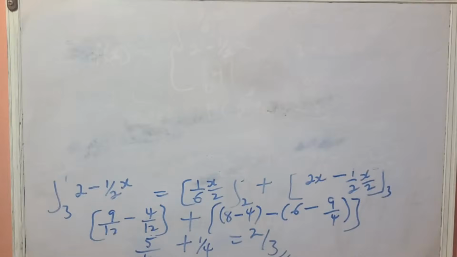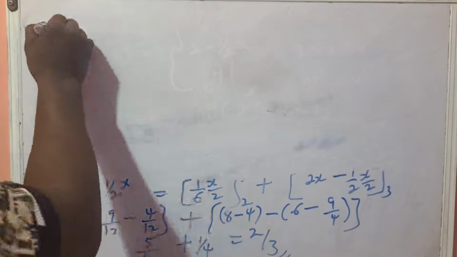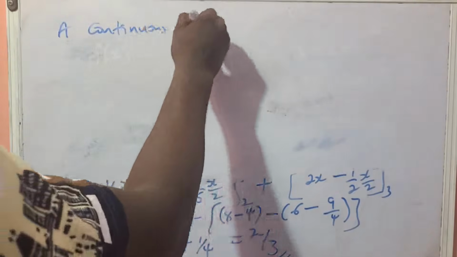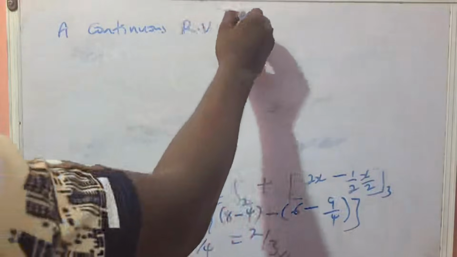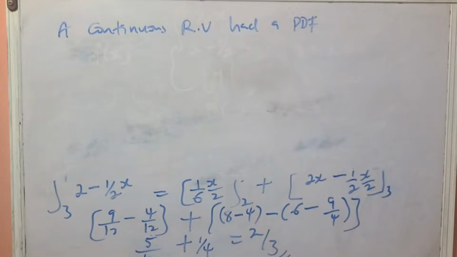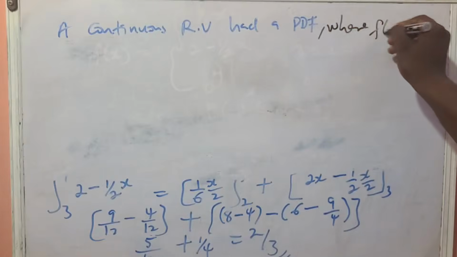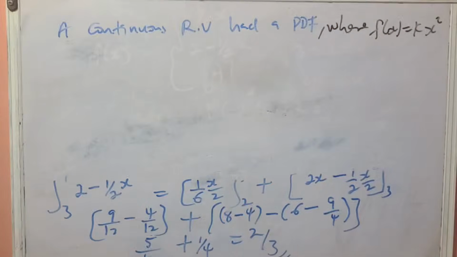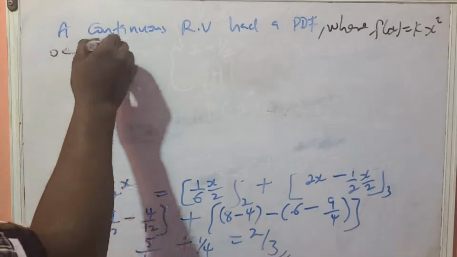Now, the question said, a continuous random variable had a PDF, of course, a probability density function, and the PDF is given as f of x equals kx squared. All right. And we have the range of values for x to be between 0 and 6.